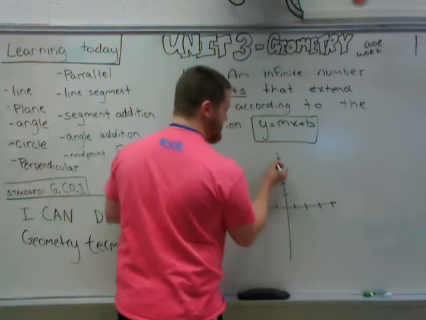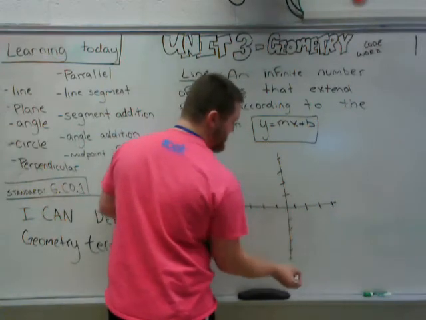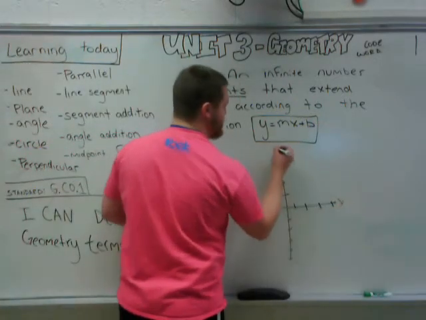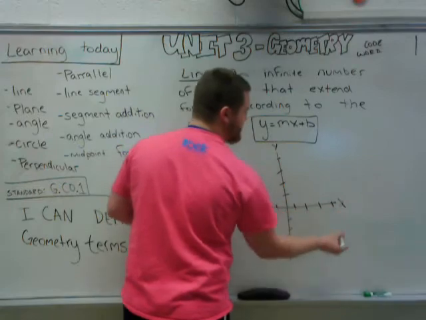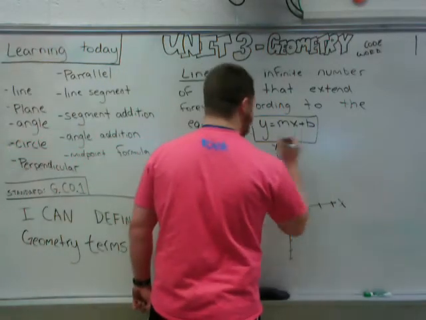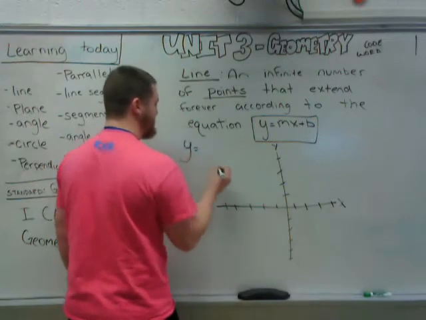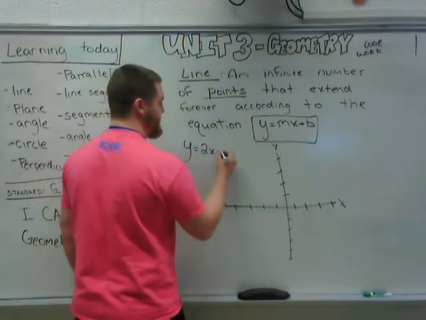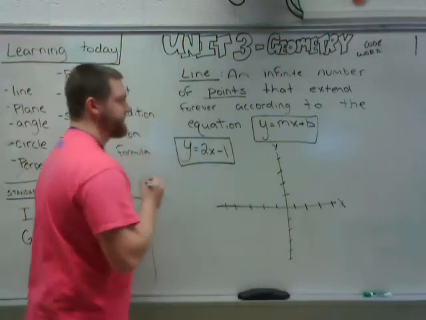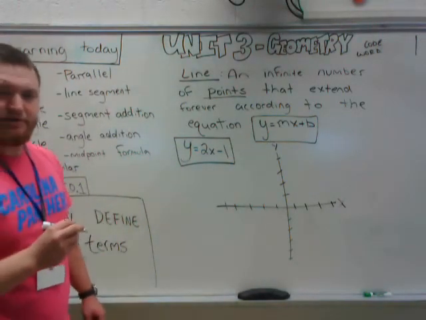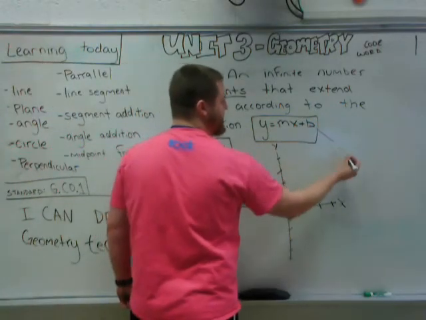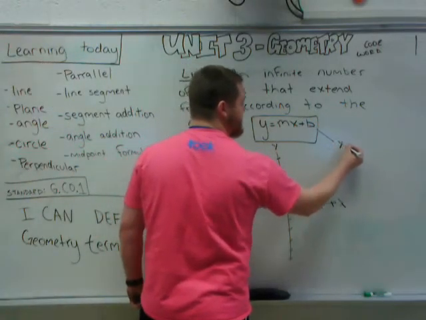Once again, we'll label our axes as X and Y. Terrible X. And let's say we have the line right here: y equals 2x minus 1. In our equation, y equals mx plus b, b is our y-intercept.